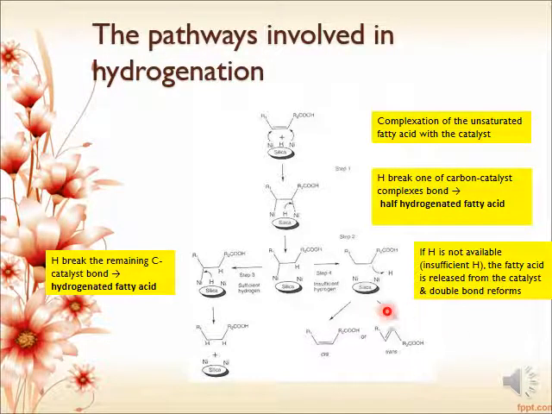Not healthy. However, if there is a sufficient supply of hydrogen gas, then we have a completely hydrogenated fatty acid. The hydrogen will break the other carbon-catalyst complex, and we will get saturated or solid fat.